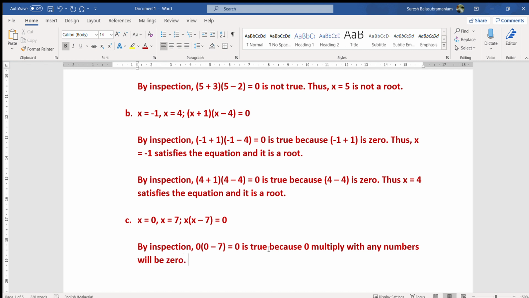Thus x equals 0 satisfies the equation and it is a root. Next, the second one by inspection.